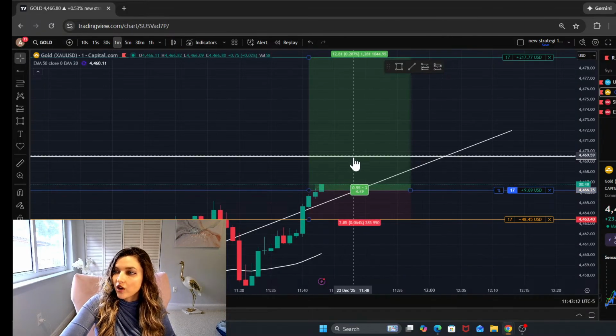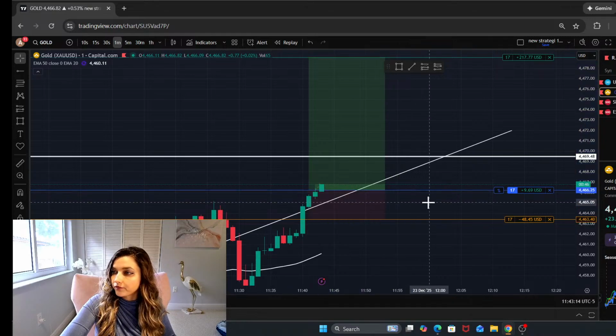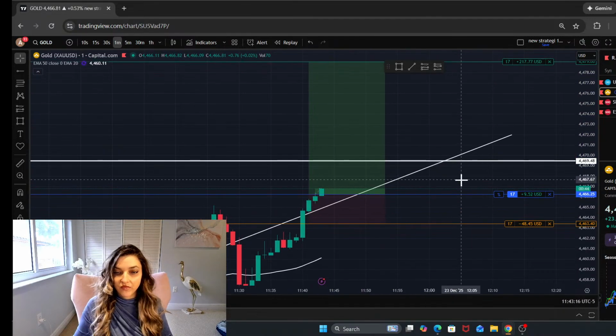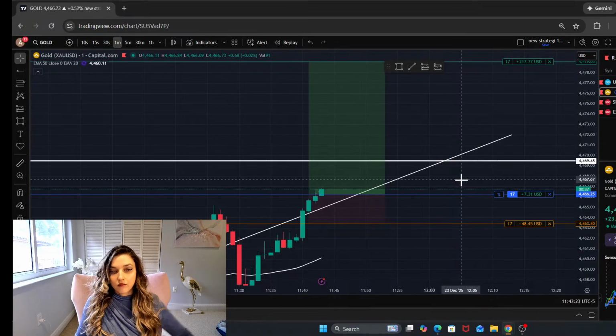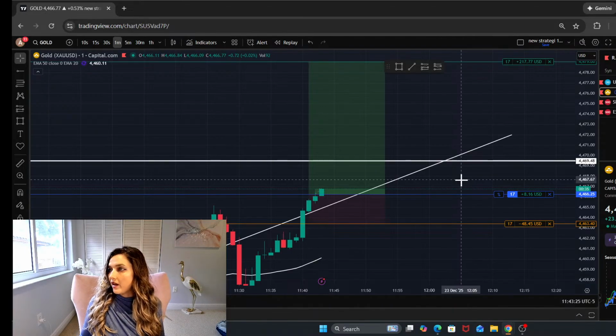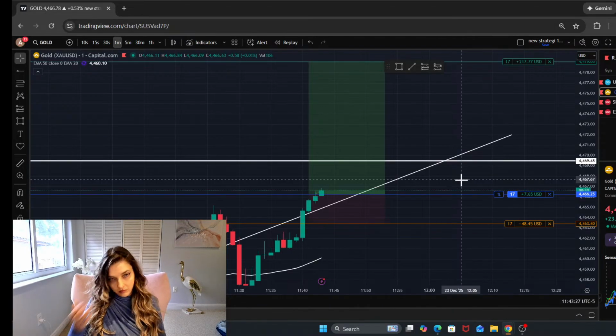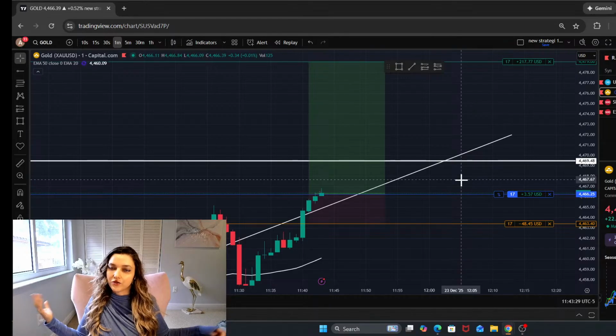But watch how it's gonna react around this white line. Break even trade, that's not bad. I mean, it's not bad at all. It's like you never got in a trade.